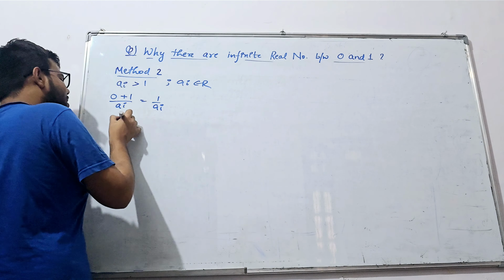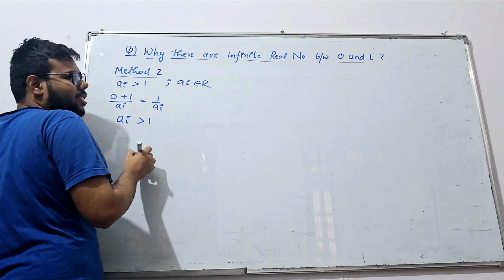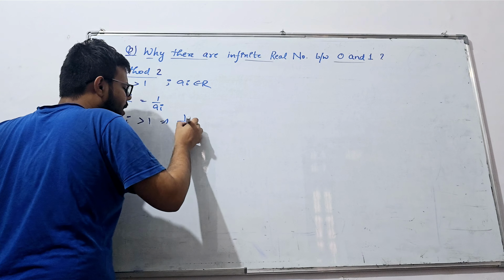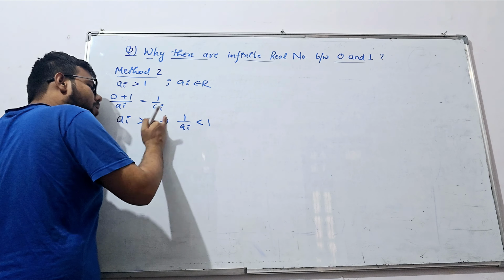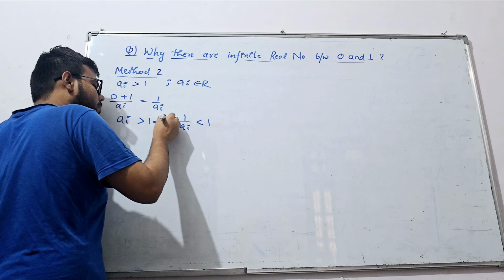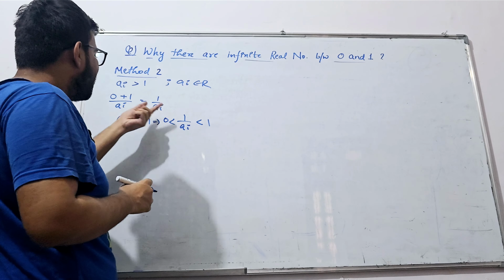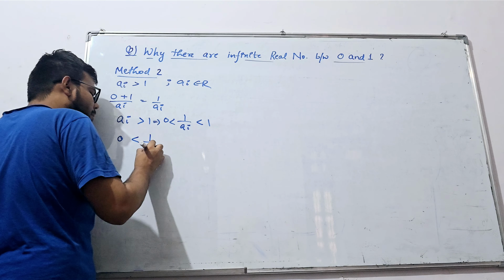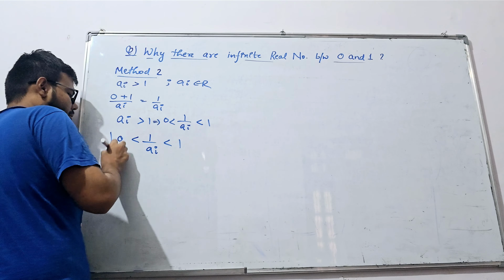Now notice that since we assumed a_i is greater than 1, 1 upon a_i is less than 1. And of course, it will be greater than 0 also, which means that this quantity always lies between these, right?